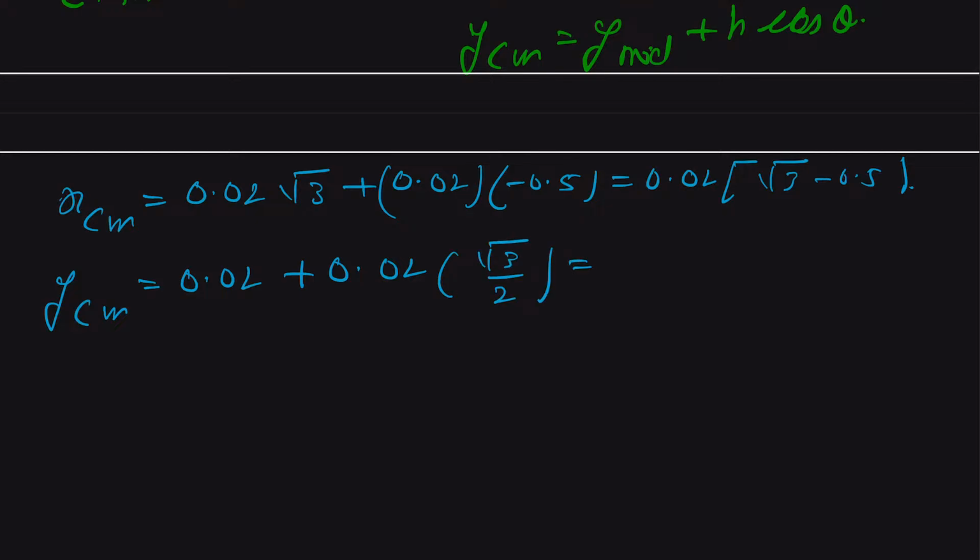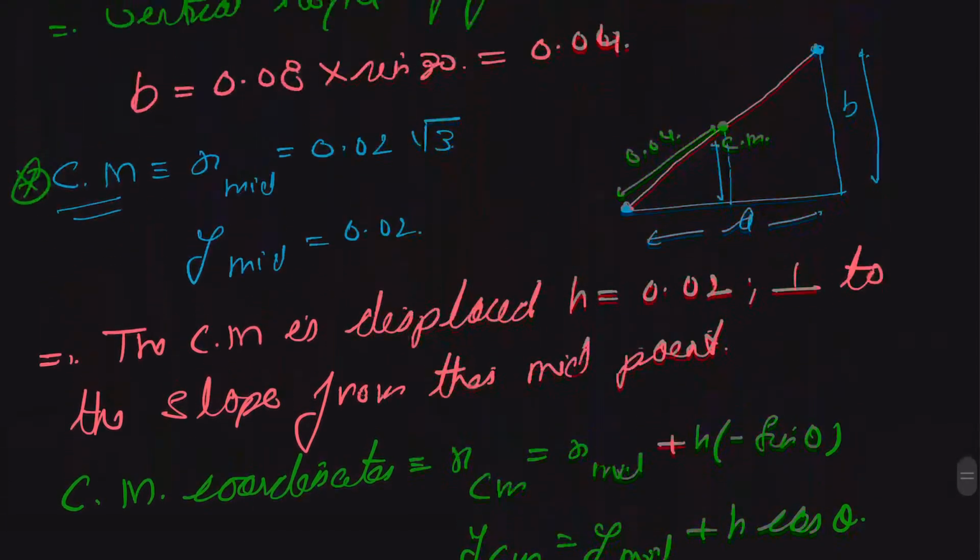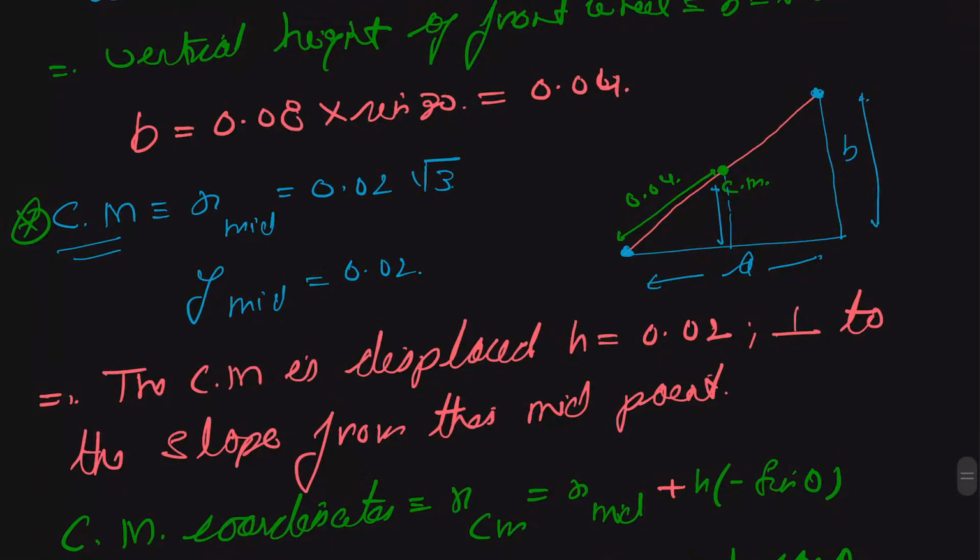This comes as our 0.02, and we have 1 plus square root of 3 upon 2. So these are the center of mass coordinates, xcm and ycm.